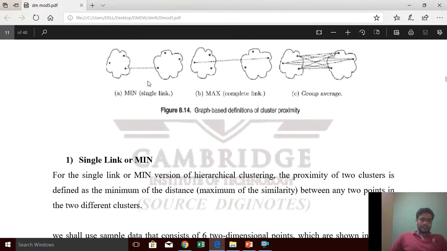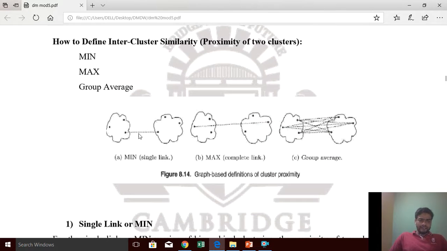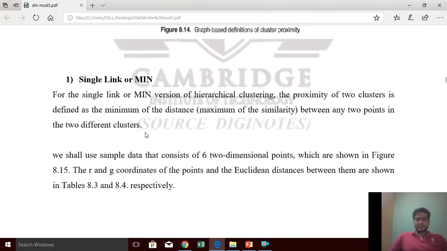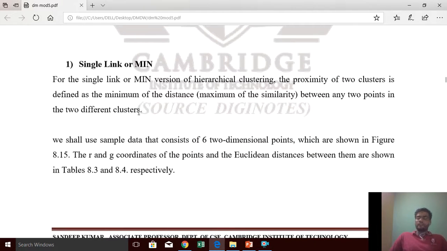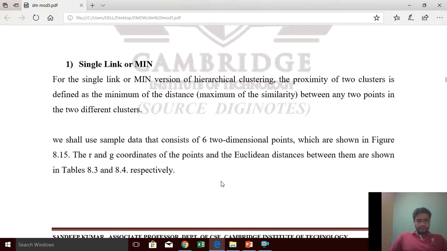First, single link or minimum: for the single link version of hierarchical clustering, the proximity of two clusters is defined as the minimum of the distance and maximum of the similarity between any 2 points in the 2 different clusters.